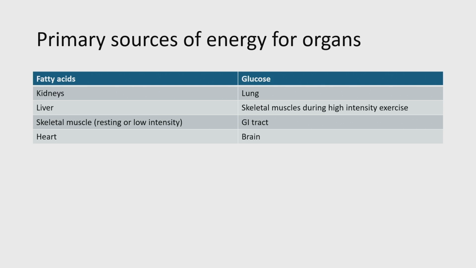One thing that I did not know is that different organs use different substrates in order to produce energy. And so beta oxidation is the primary form of generating energy in kidneys, liver, muscle, at rest and low exercise, and in the heart.